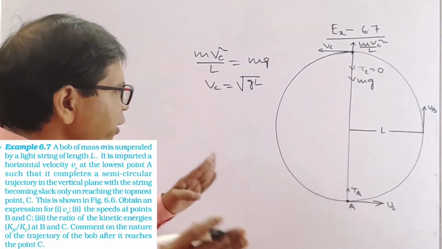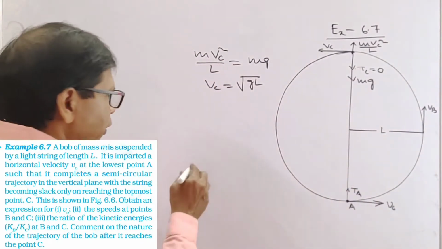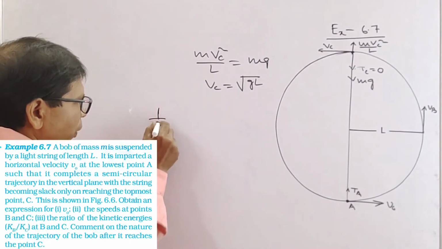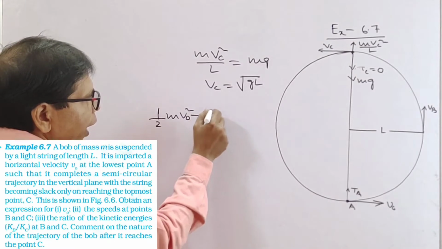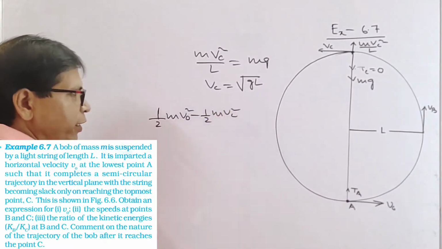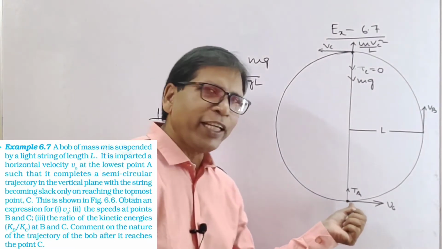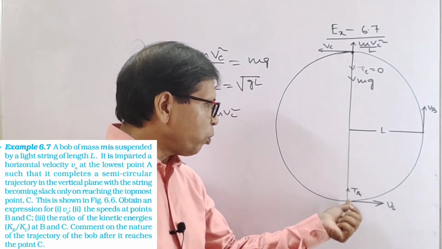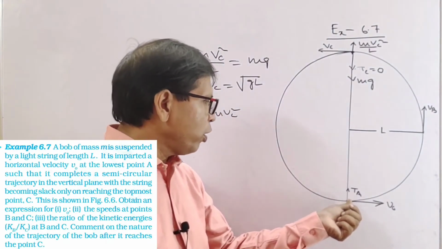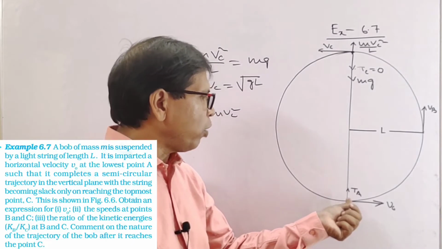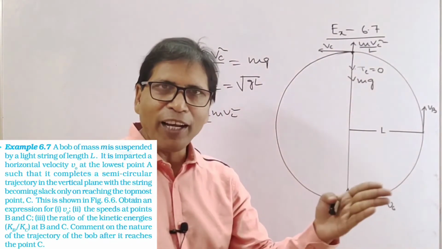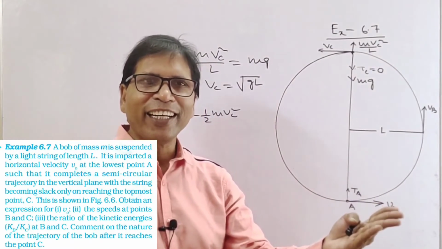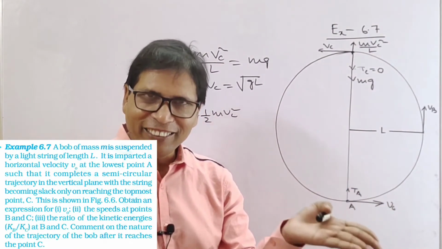Now from conservation of mechanical energy, the change of kinetic energy, half m v0 square minus half m vc square, is equal to the change of potential energy. Now the vertical distance between A and C is 2L. So the change of potential energy is mg into 2L.